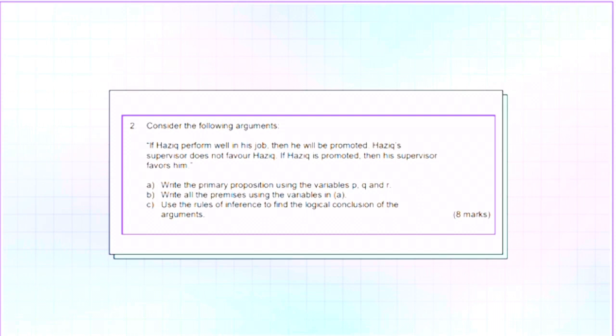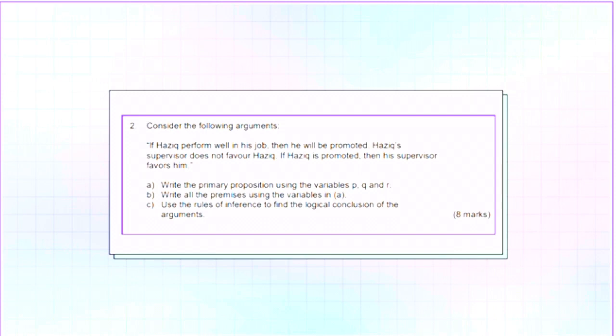The comma refers to where the statement ends. So P is Haziq performed well in his job. Next is Q. How to find Q? We go to the next statement: then he will be promoted. As you can see, the indicator to end the sentence is the dot. So this is Q for the second statement.